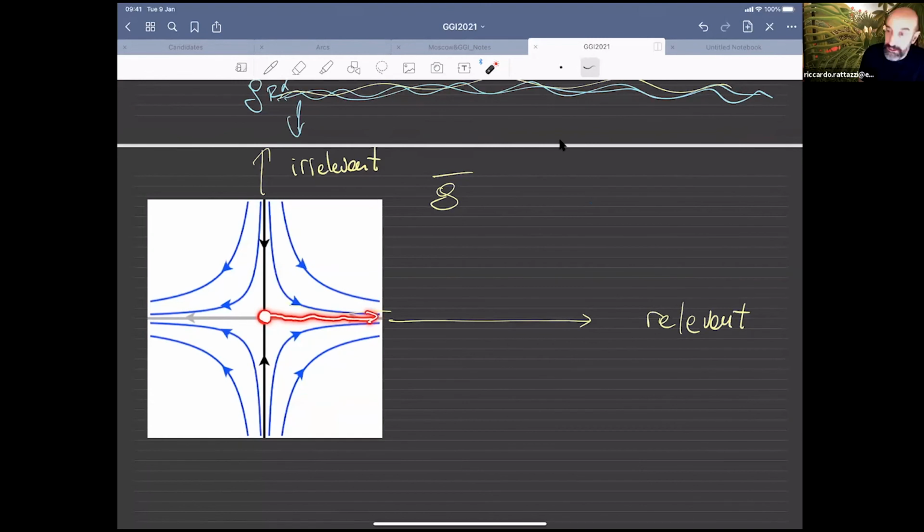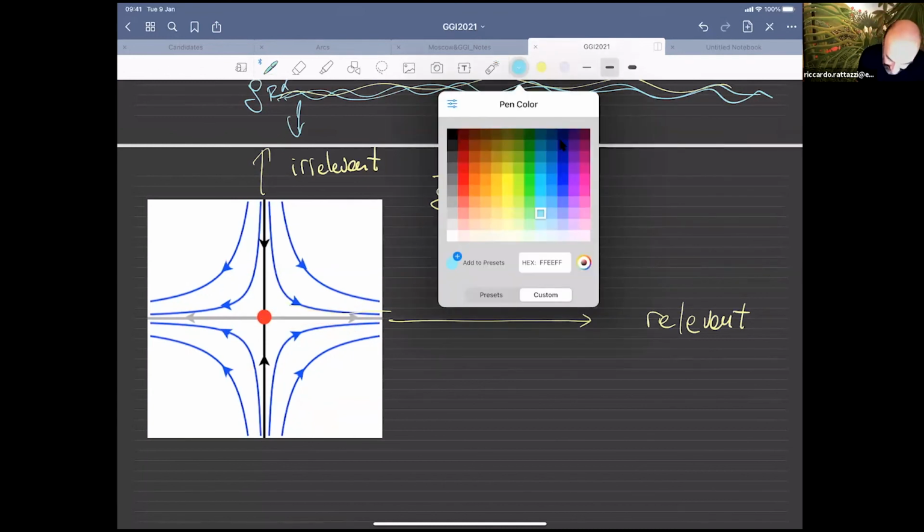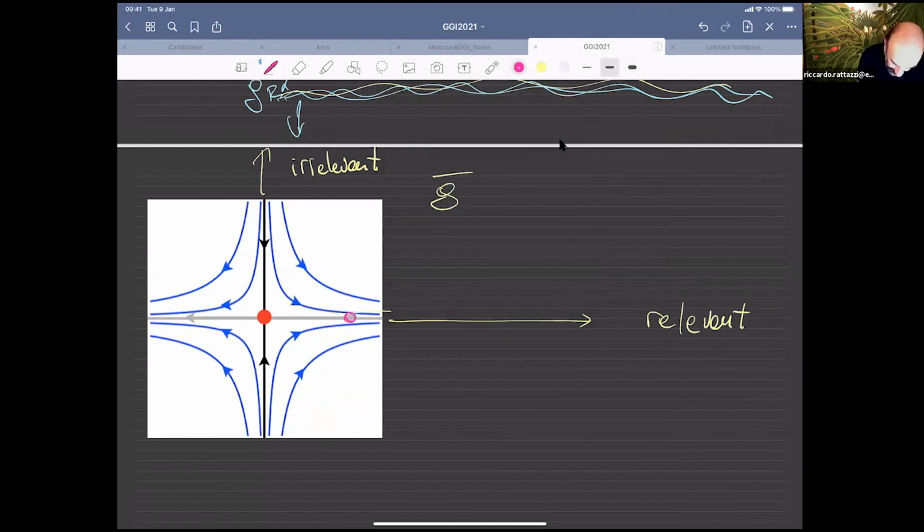Some couplings grow, in particular the gauge coupling can grow. Now, what can happen when this coupling grows is one of two things. The theory can either confine, form bound states like QCD, or it could reach a new fixed point, in the sense that there could be another fixed point you flow into.